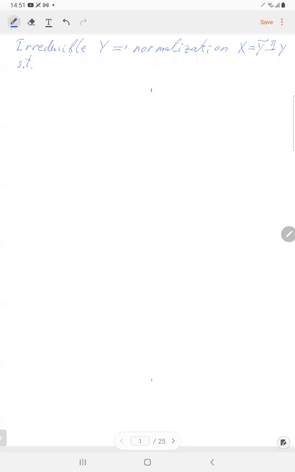That is, they have the same field of rational functions.